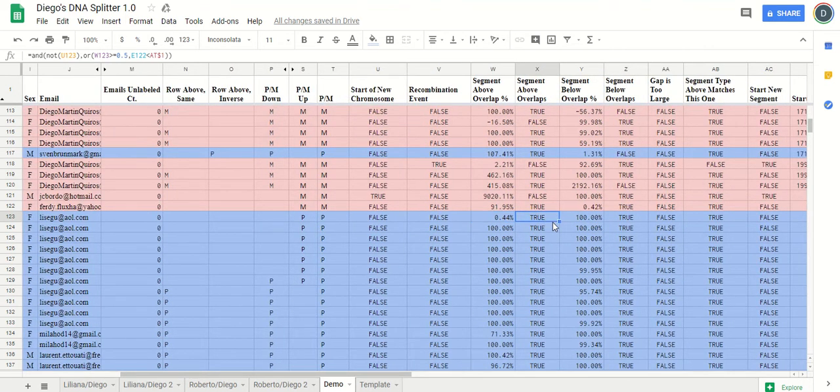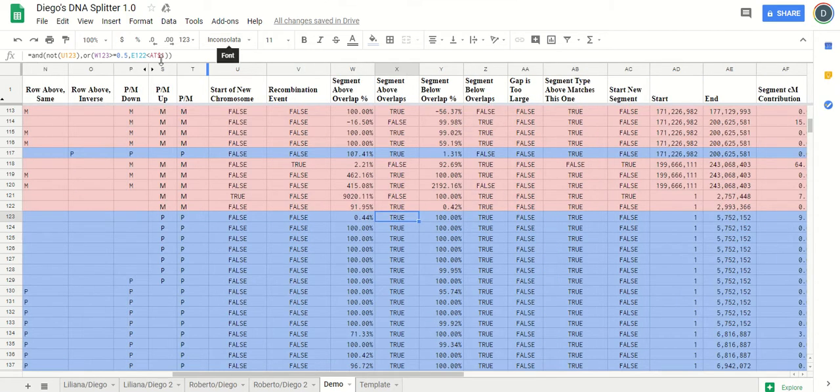The segment above overlaps. So now this formula looks at the overlap, and what it's saying is if the overlap of this segment with the one above is greater than 50%, that's what the 0.5 means, then it's considered an overlap.